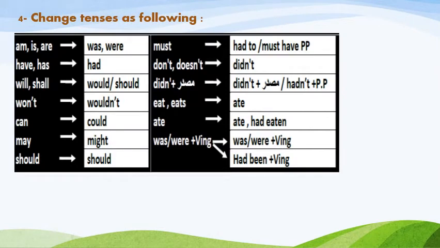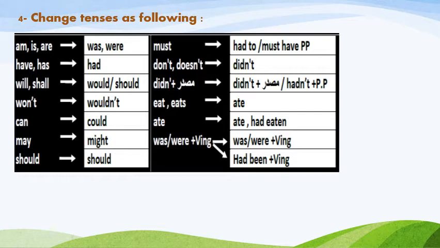Step number 4, you have to change the tenses into the past, especially if the saying verb was in the past, like "said." So you're going to change the verbs into the past. If you have a main verb like "write," it could be "wrote," "play" would be "played," "eat" would be "ate," and so on.